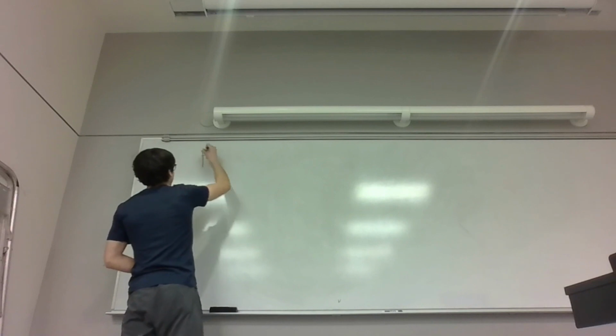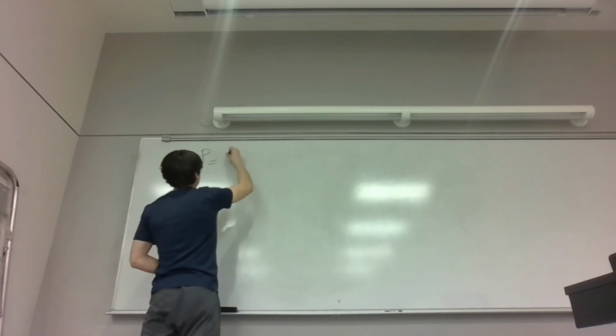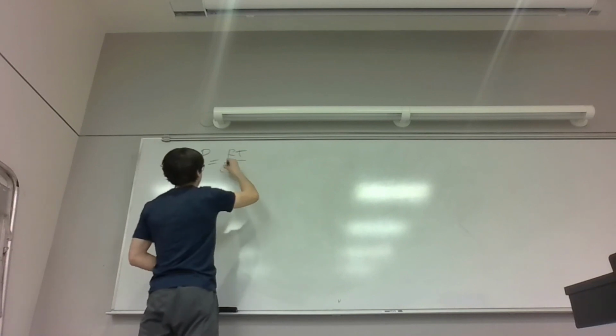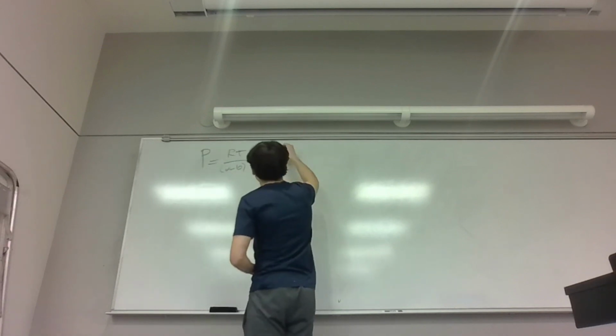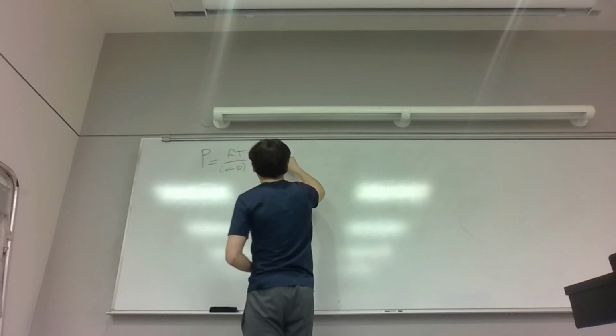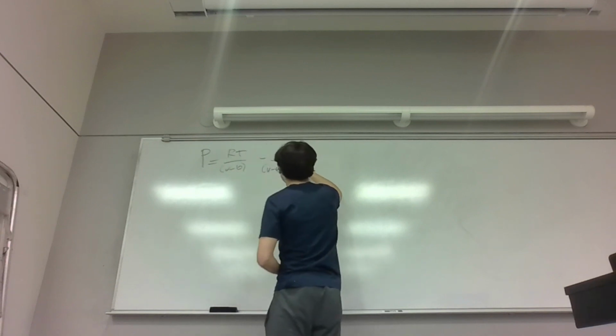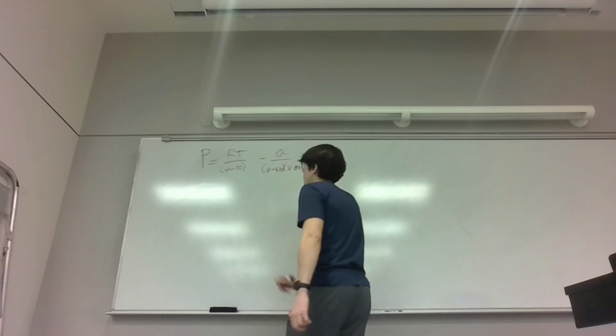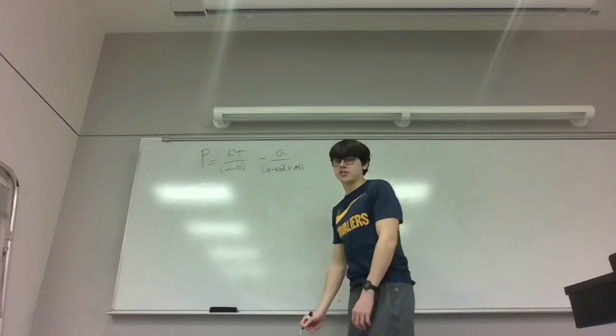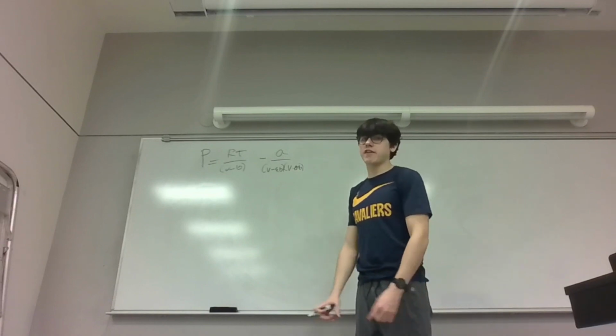As we know, the van der Waals equation of state looks something like this: P equals RT over V minus b, minus a over (V minus epsilon b) times (V minus omega b). So we want to get this equation in terms of the compressibility factor.